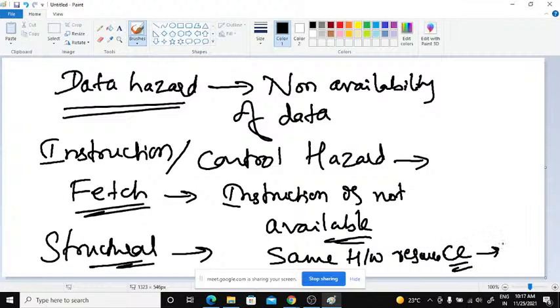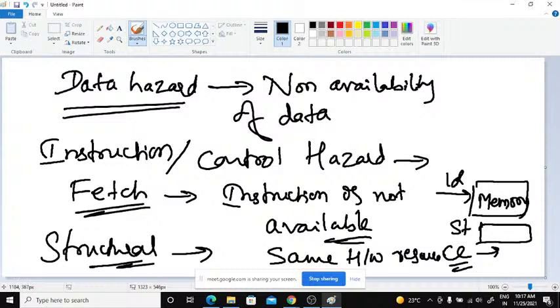At a time only one instruction can use the hardware, because if there is only one memory unit, okay, first the load operation has to be done, or the store, depending on the instruction, and after that the store, because only one memory unit is there.